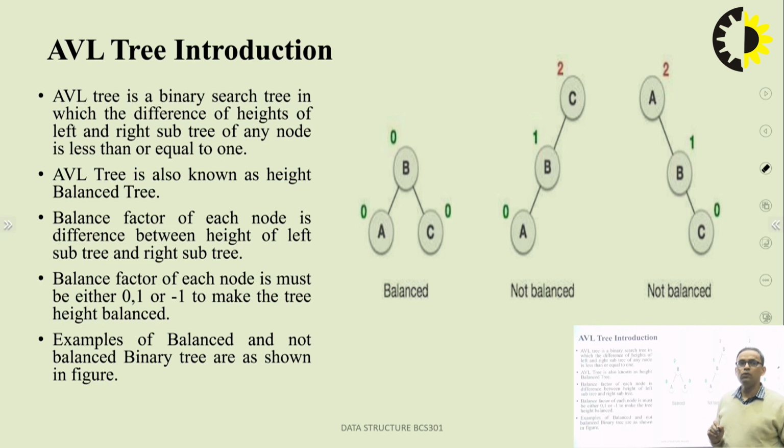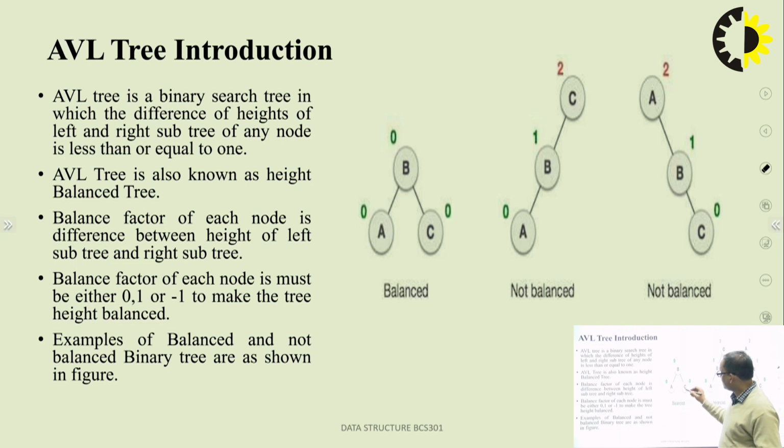If the balance factor of each node is either 0, 1 or -1, then we can say that the tree is an AVL tree. So for a particular tree to be an AVL tree, it must be a binary search tree at first, and after that the balance factor of each node in that tree must have the value either 0, 1 or -1.